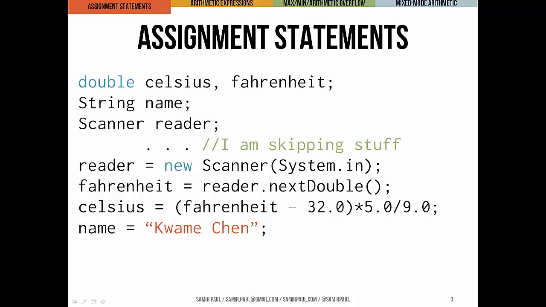We're reading a value from the keyboard using the reader object and assigning whatever we get to the Fahrenheit variable. And then we're doing a bunch of calculations using the Fahrenheit variable and assigning whatever the result is to Celsius. Last one is just a regular assignment of a string literal to a string variable, Kwame Chen to the variable name.